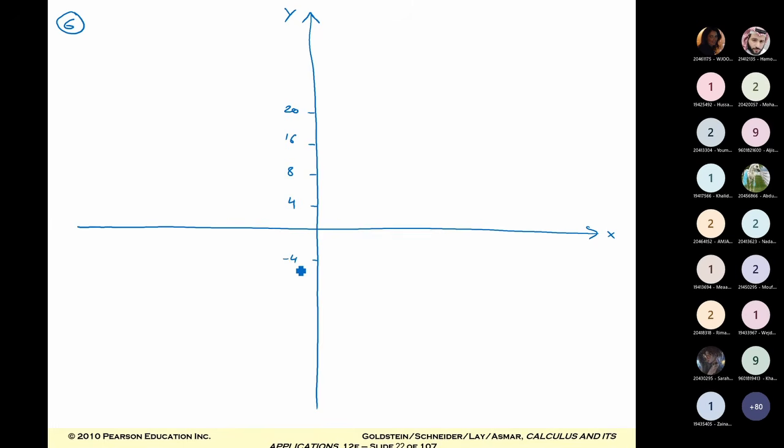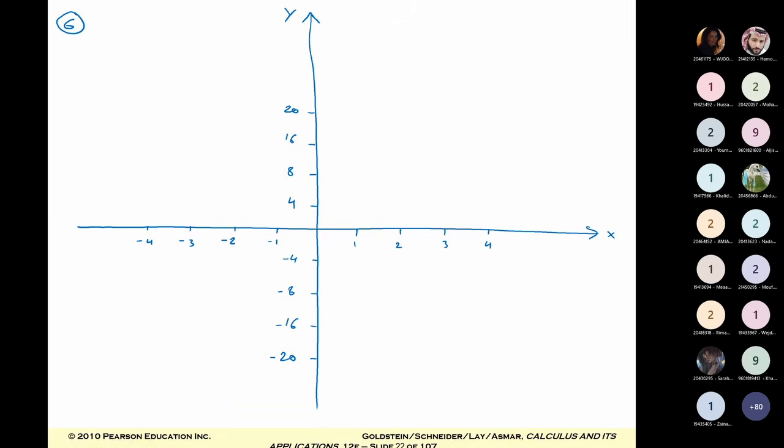And the minimum, negative 20. And we have 1, 2, 3, 4, negative 1, negative 2, negative 3, negative 4.